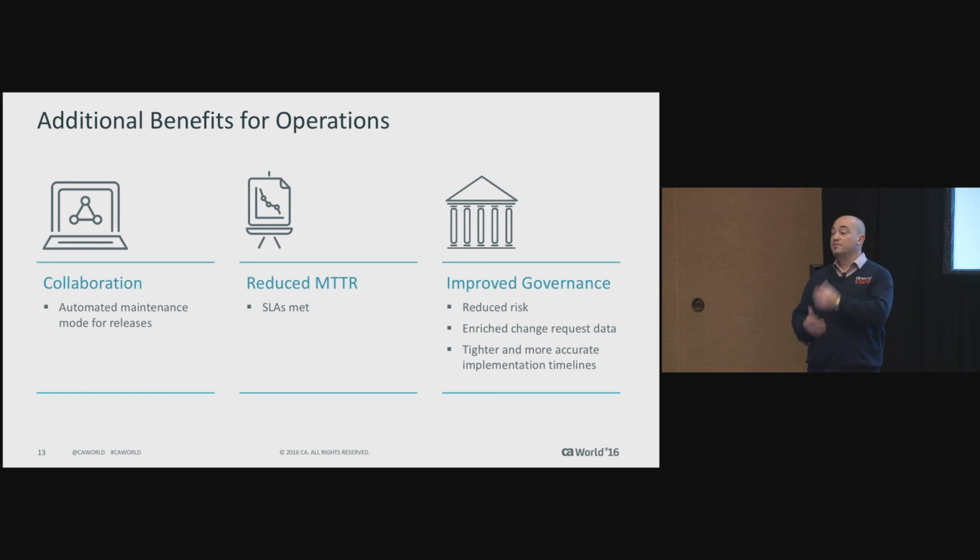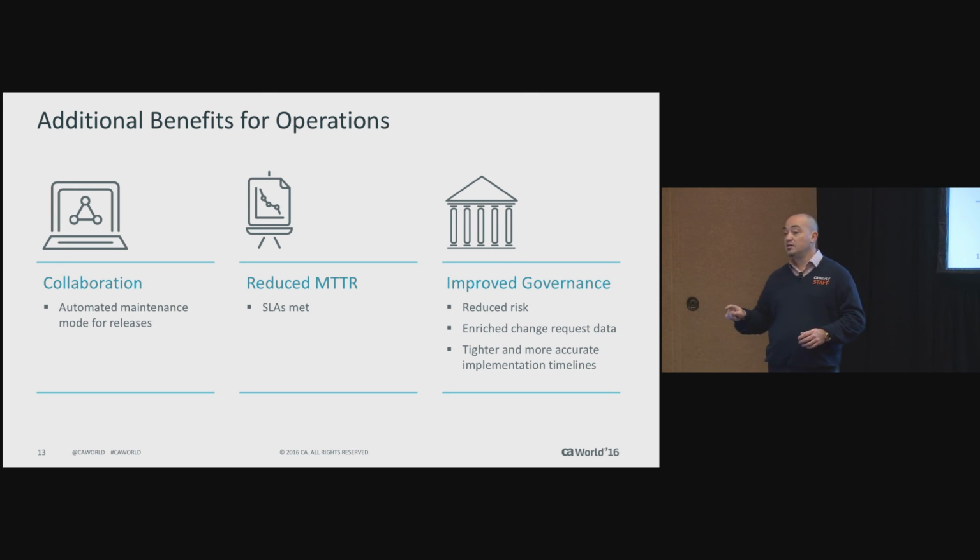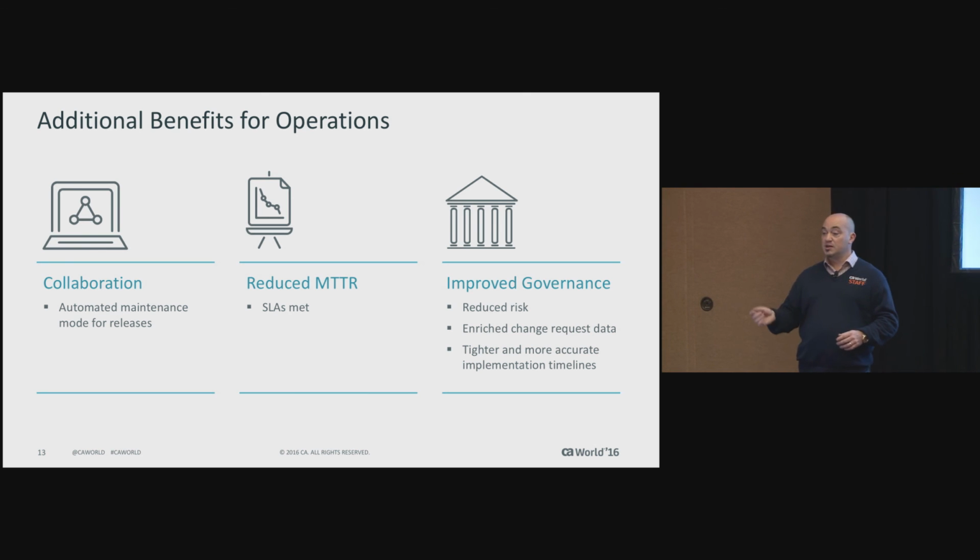And because all this information is going to be enriching the change request in one place, the amount of time to approve a change request is going to be greatly reduced. So that even if you do have a manual change request approval process as part of your continuous delivery pipeline, instead of taking hours, it can take minutes.